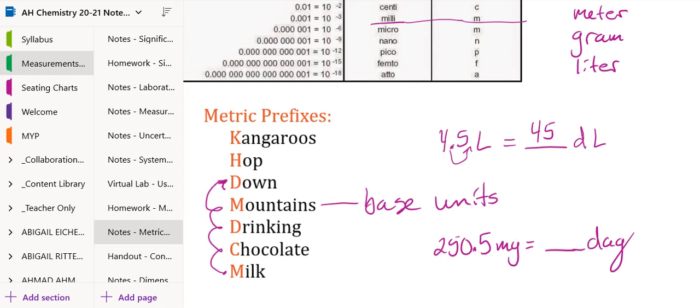Dividing by 10 4 times, which is the same thing as moving my decimal point 4 places. So this would be 0.2505. Nope, I need another 0, sorry. 0.02505 decagrams.